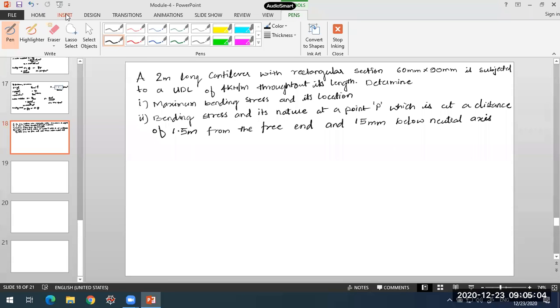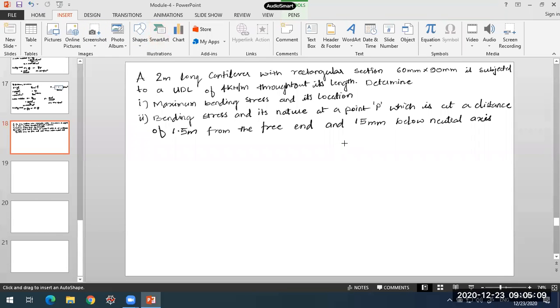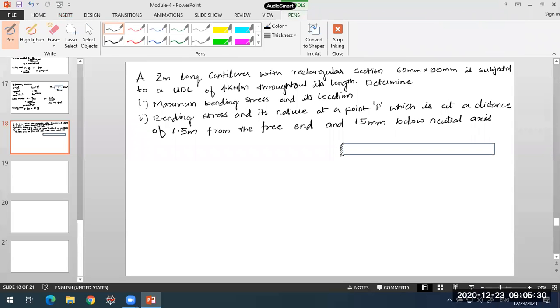So what we have is, let us take that beam first. So this is our beam, and it is carrying UDL for its entire length.